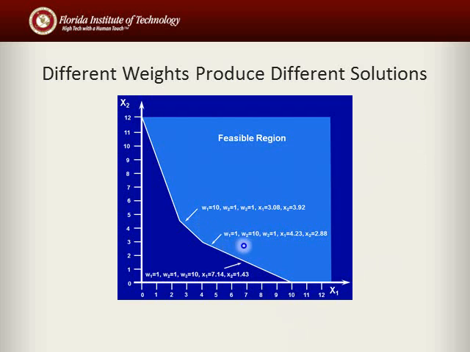Notice solution number 2 here. We increased the value of the weight of the second goal, so it's going to be close to that second optimal solution, that second extreme point, because this extreme point right there represents the optimal solution when you're considering only that second objective.